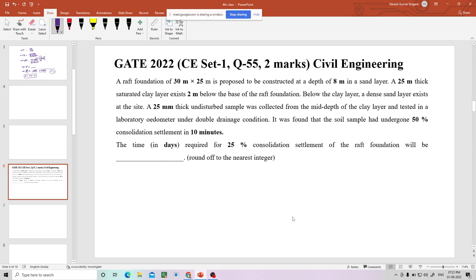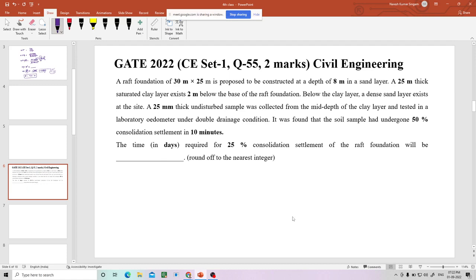It was found that the sample had undergone 50% of the consolidation settlement in 10 minutes. The time required for 25% of the consolidation settlement of the raft foundation will be how much?